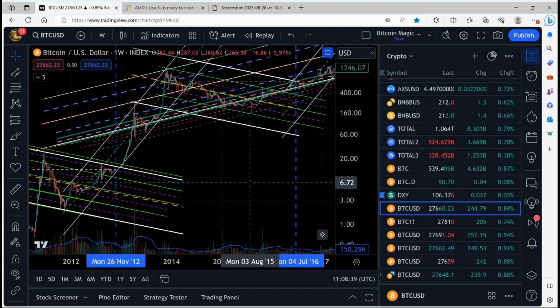So this is exactly what is going on with Bitcoin, and it's very simple. A lot of people like to make fun of TA guys that go off of lines and trend lines and parallel channels and triangles and all that jazz. But it really is very simple. They think that they're smarter because they have these curvy lines and they work with oscillators and these wave indicators with dots and different colors and everything like that.